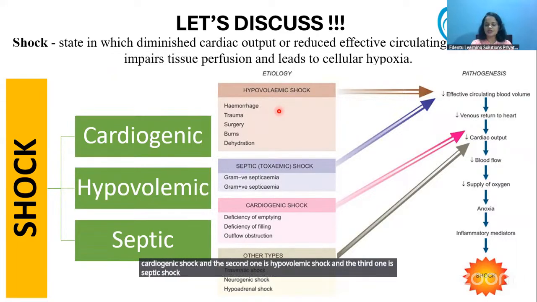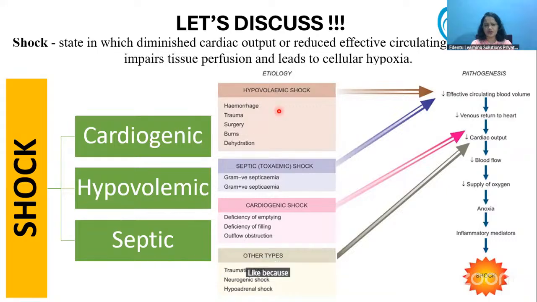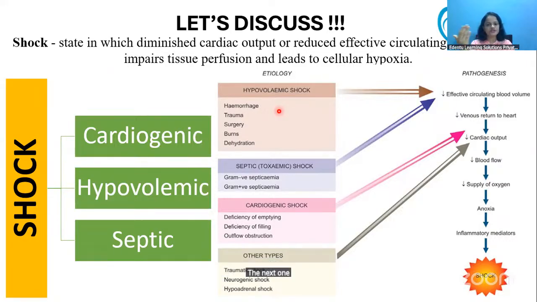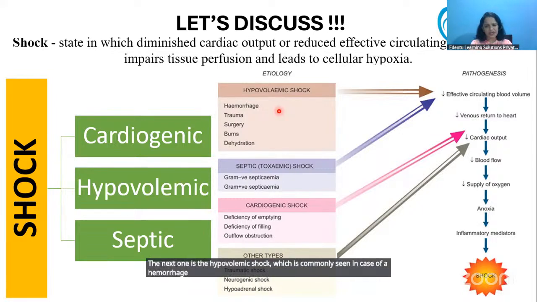In cardiogenic shock, it will be usually due to some defects in the heart, like the deficiency of the filling or the emptying mechanism, or some kind of obstruction in the outflow. Because of that, cardiogenic shock is happening. The next one is hypovolemic shock, which is commonly seen in case of hemorrhage, where lots of blood and fluid is lost from your body in trauma, surgery, burns or dehydration.